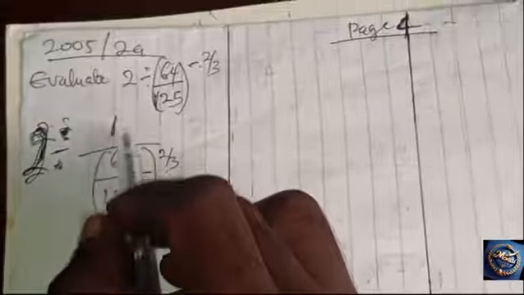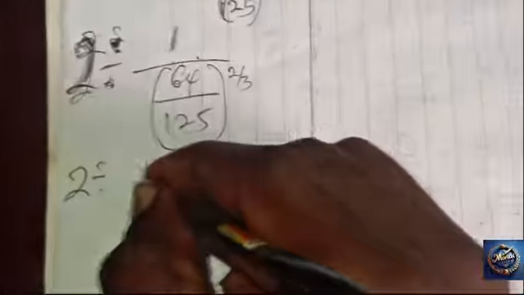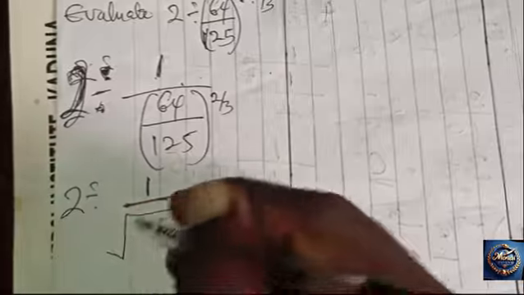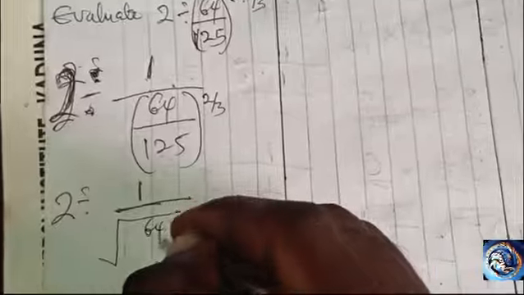That is a negative index, so I change it to positive. Then I'll say 2 divided by 1 all over the fractional index law, which says the third root of 64 all over 125, everything raised to the power of 2.